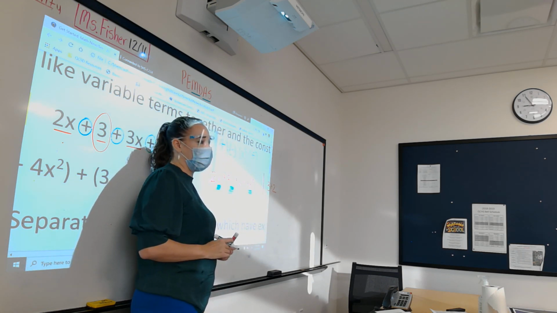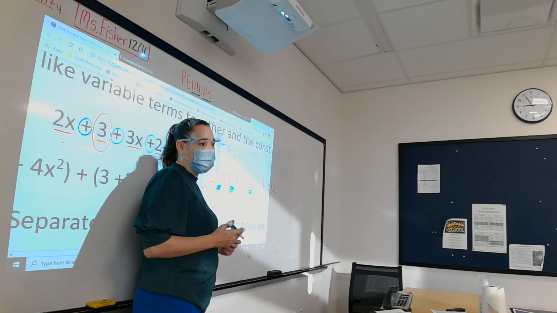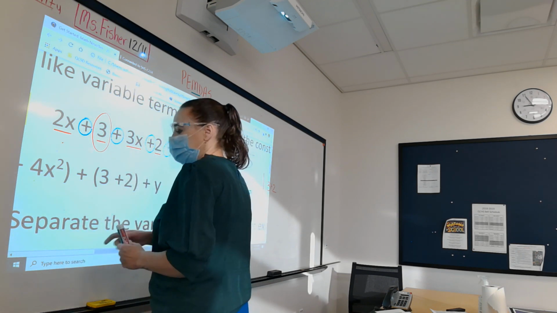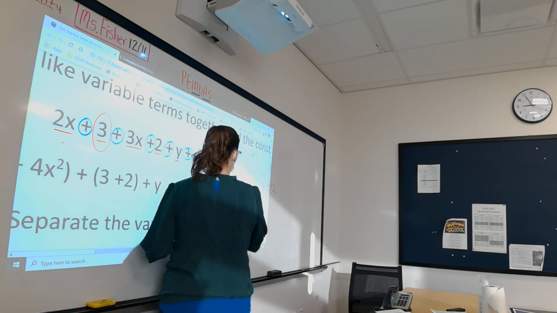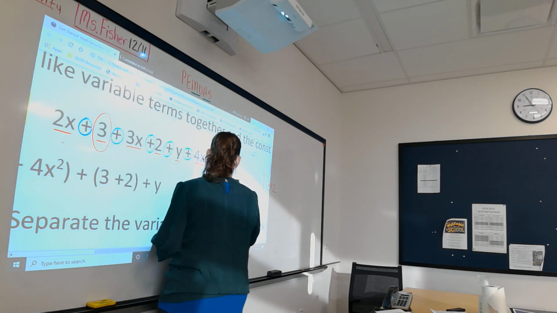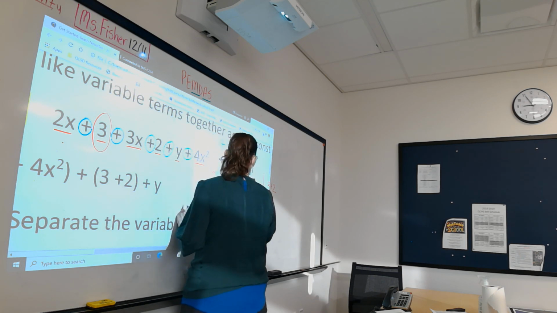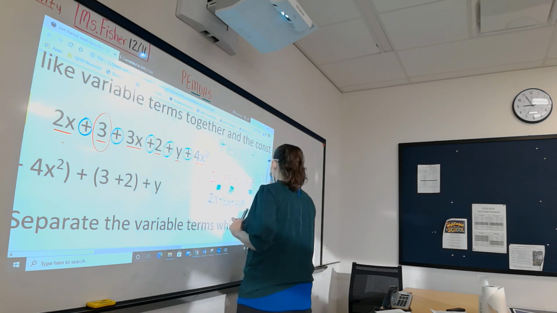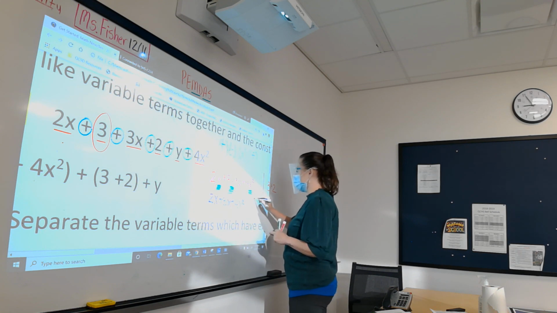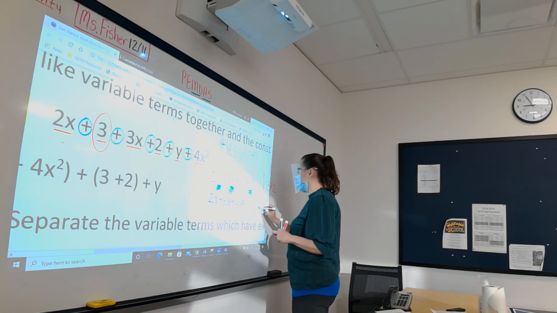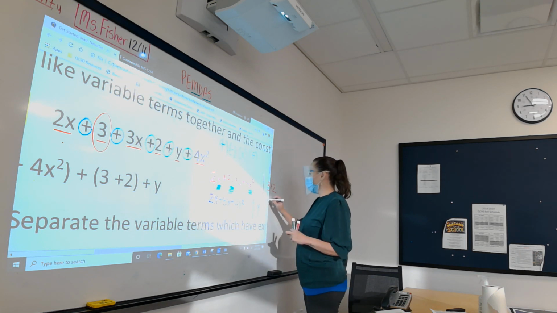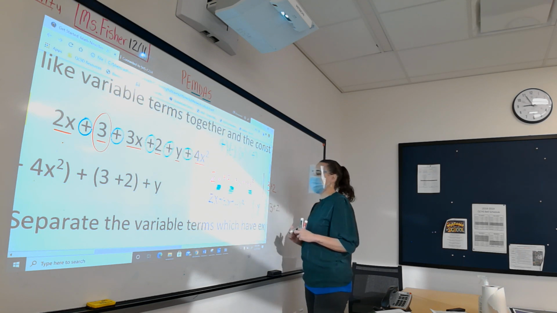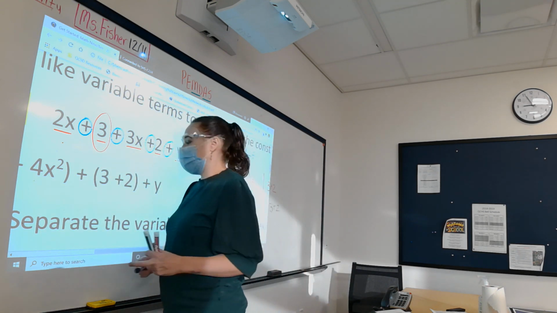It's not a like term because it's a different letter. Okay, so now I'm going to separate again, and I'm going to say 2x plus 3x plus 4x squared. Okay, then you just have your y by itself, okay? And then you have your 3 plus 2, okay?